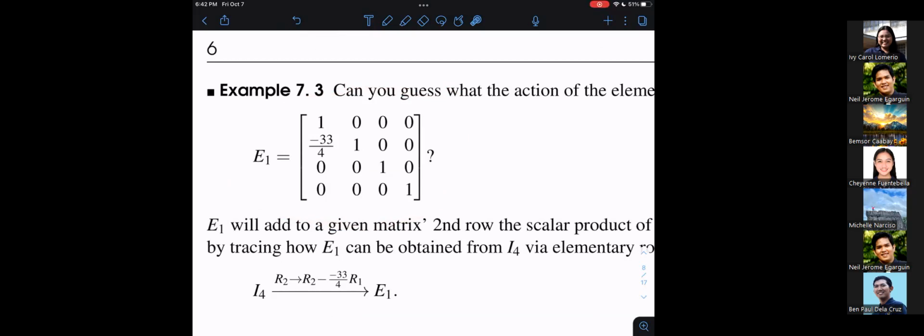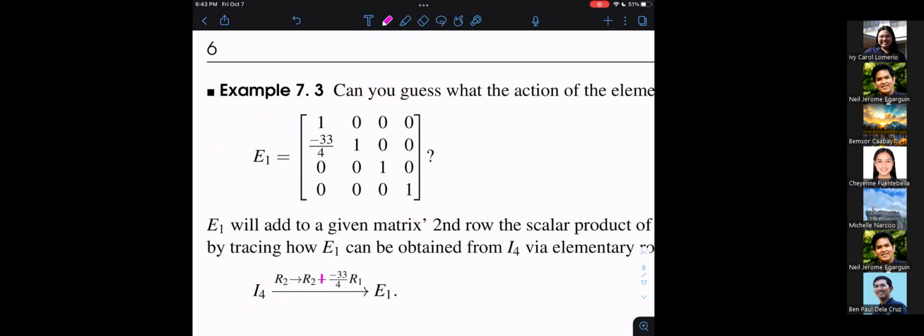So ito yan, yung row 2 ng matrix E1 ay nanggaling sa identity matrix na 4x4, wherein the second row is replaced by the second row, parang may mali, dapat ito ay R2 plus negative 33/4 R1.